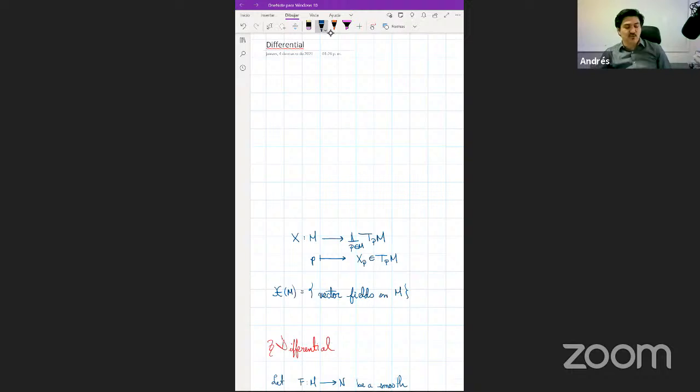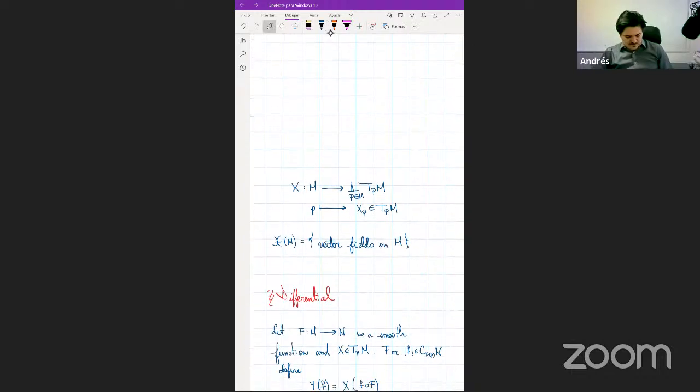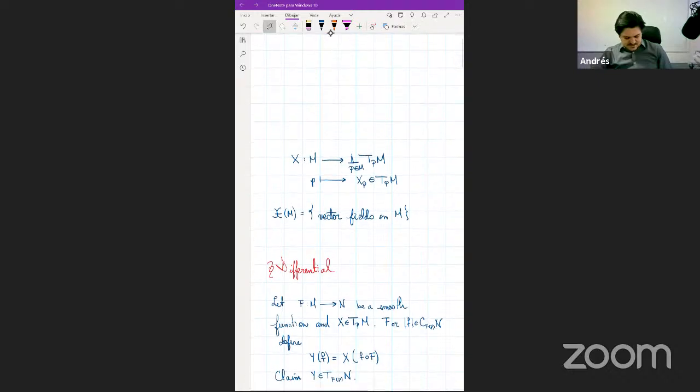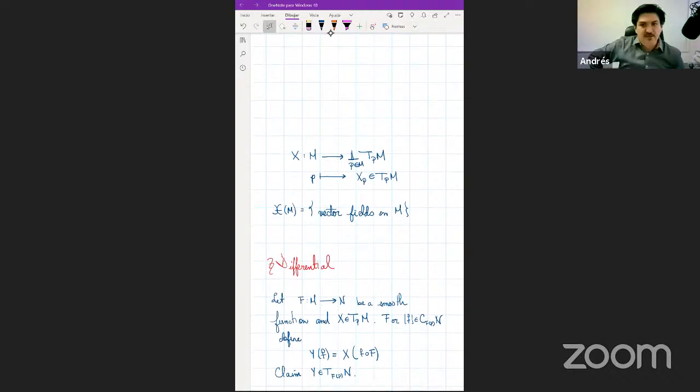And the other approach was using curves, like the tangent vector to a curve. So now we are going to define the differential of a smooth function.